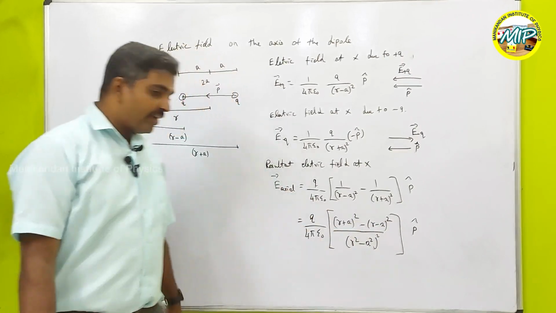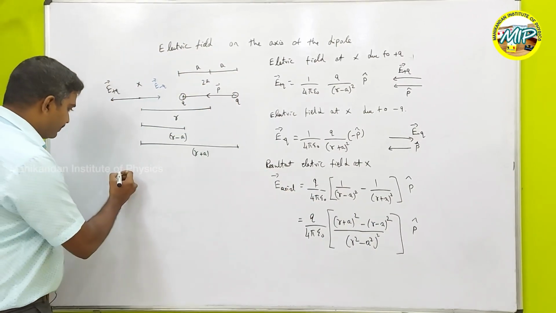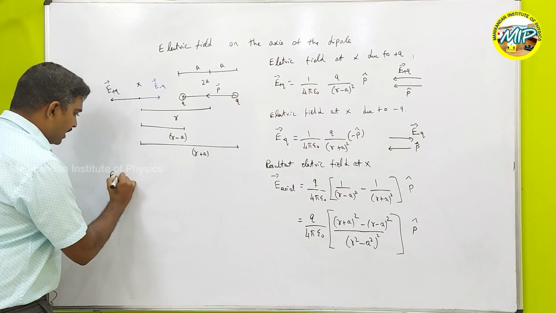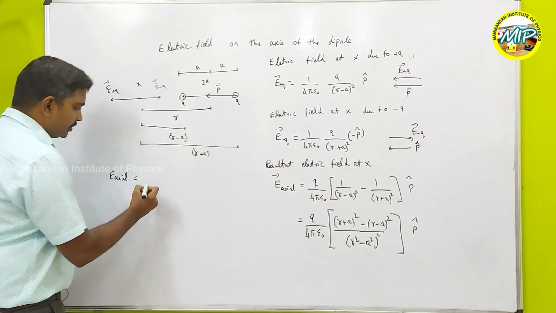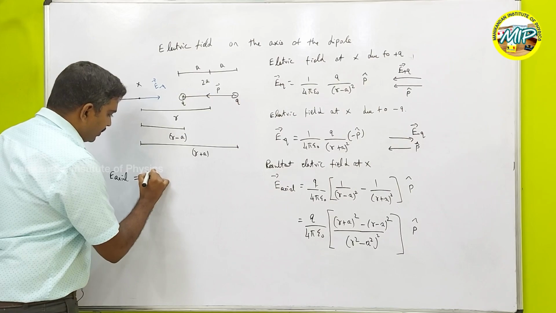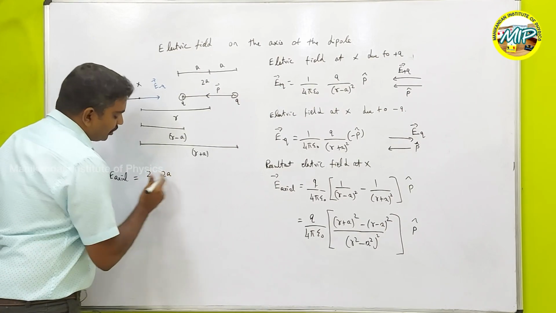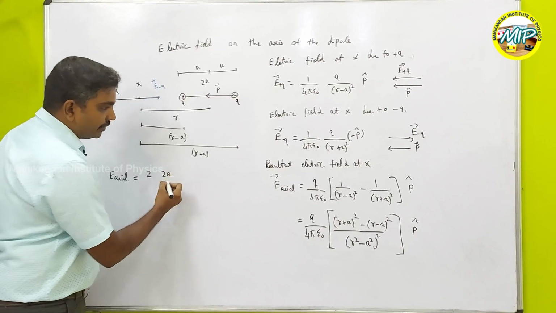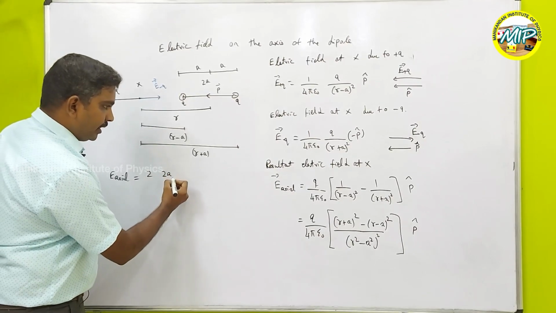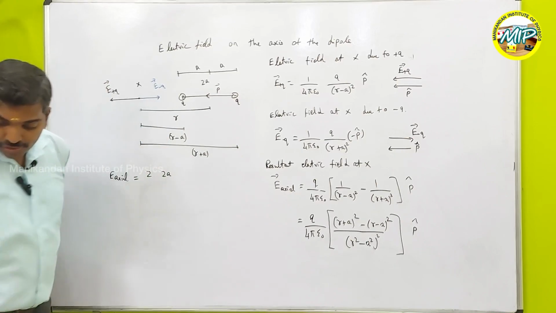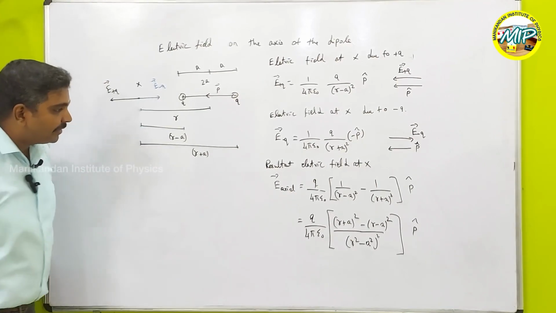So after simplifying this equation, I'm getting E axial equals 2 into 2a into, actually 4a will come, 2 into 2. Okay, I'll show you how to expand this.